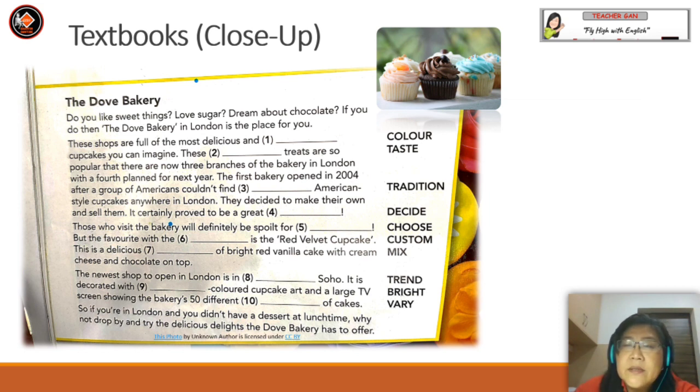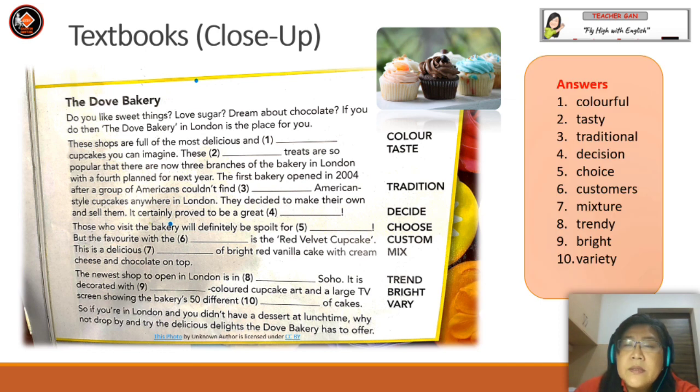So let's look at the answers. The answers are: number 1 is colorful cupcakes, number 2 tasty treats, number 3 traditional American style cupcakes, number 4 will be a great decision, number 5 spoil for choice, number 6 favorite with the customers, number 7 will be mixture of bright red vanilla cake.